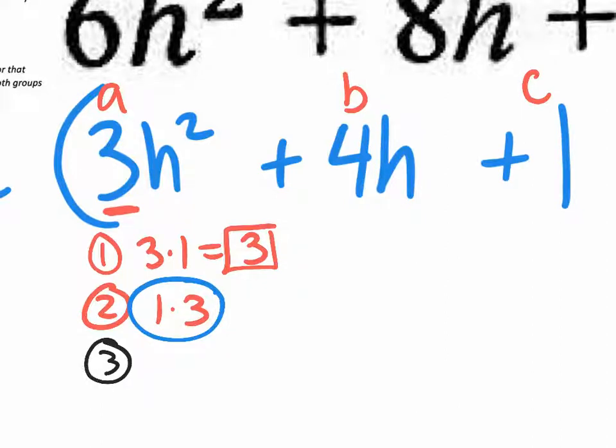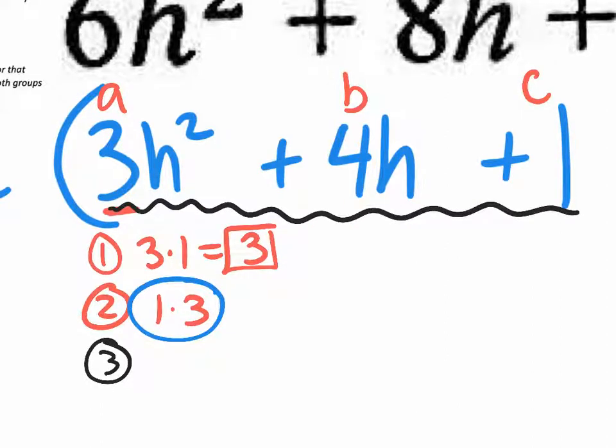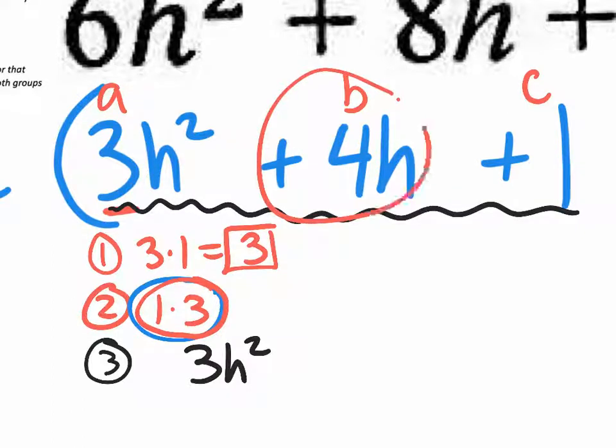Step 3 is rewriting your quadratic trinomial as a polynomial. So the 3h squared is still there, but the 4h is going to change to these two numbers, 1 and 3. So instead of 4h, I'm going to put plus 1h plus 3h. And then at the very end, I have a plus 1.